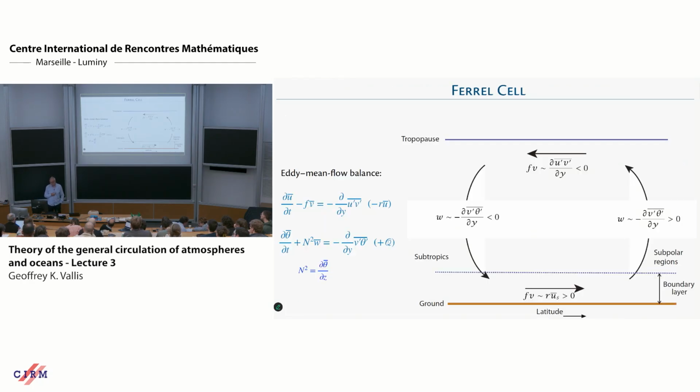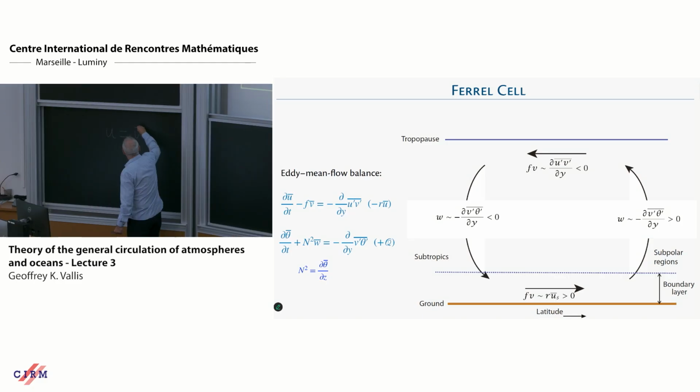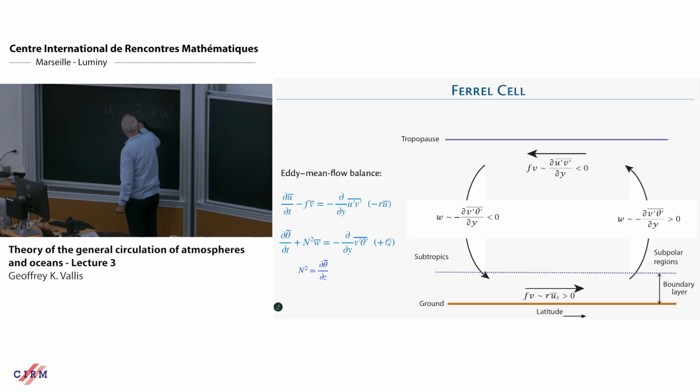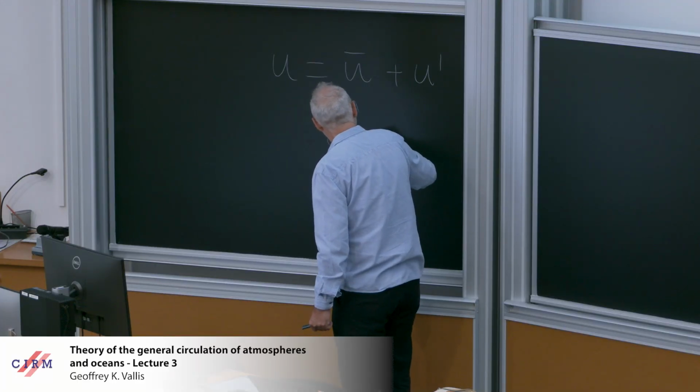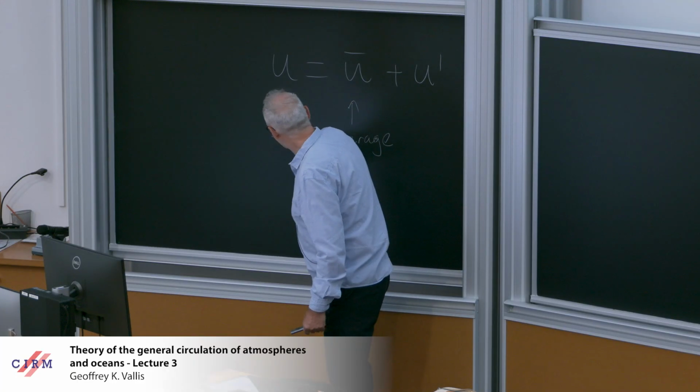Now, let me just explain what the balances are in the Ferrel cell. My notation will be that for any field, for example, U is U bar plus U primed, and the bar is an average result, typically a zonal average.